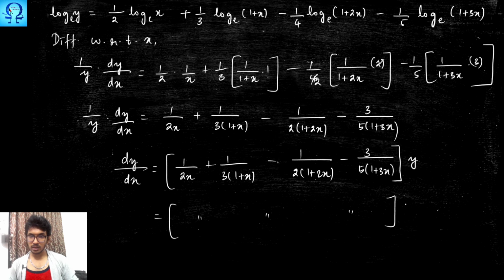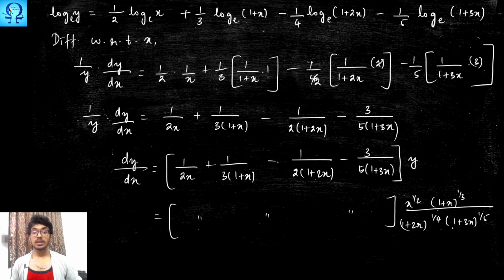And when you write the value of y, you would get x to the power half, (1 + x) to the power 1/3 upon (1 + 2x) to the power 1/4 and (1 + 3x) to the power 1/5. Even though it is a complicated function, we were able to do the differentiation in a quite easier manner when we applied log and simplified things, right?